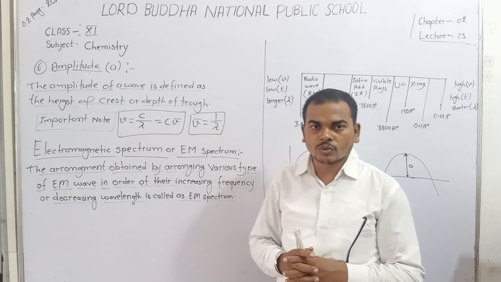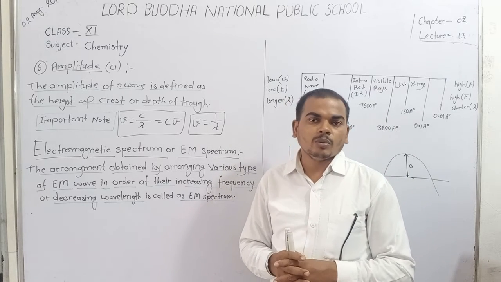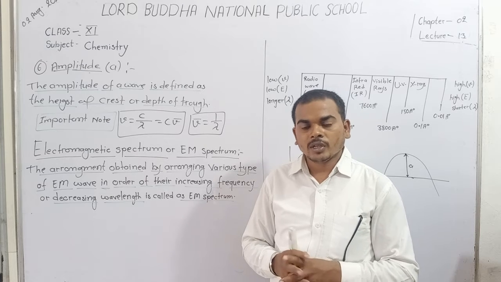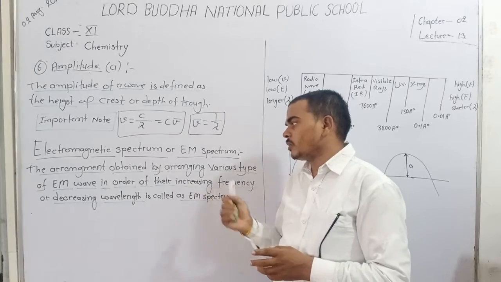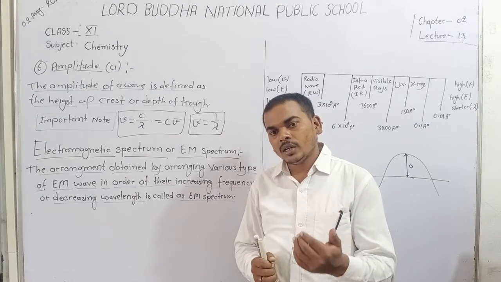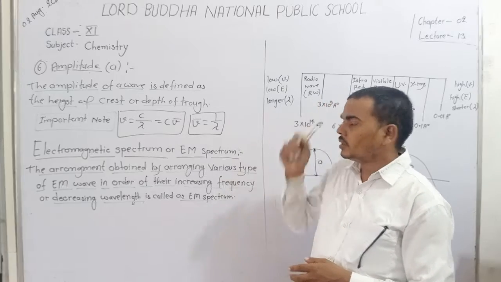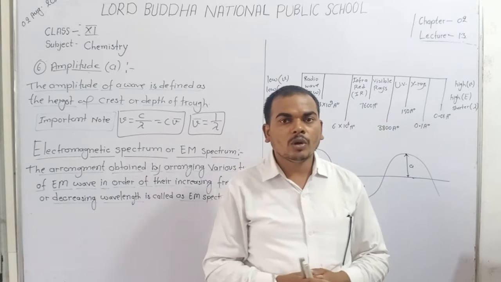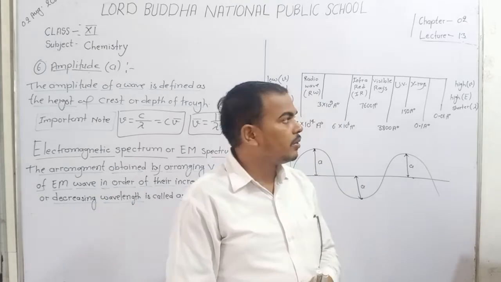Why? Dear student, you know that wavelength is inversely proportional to frequency. So if we arrange the electromagnetic waves in increasing frequency, it means decreasing wavelength. Here, the electromagnetic spectrum of some radiations is given.